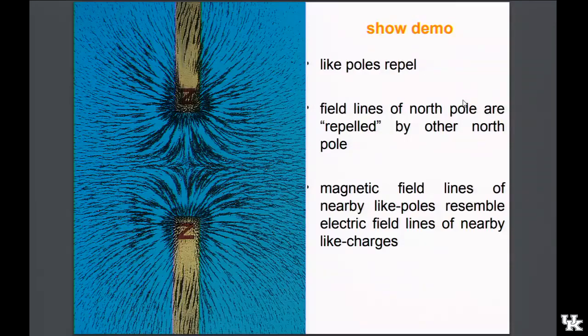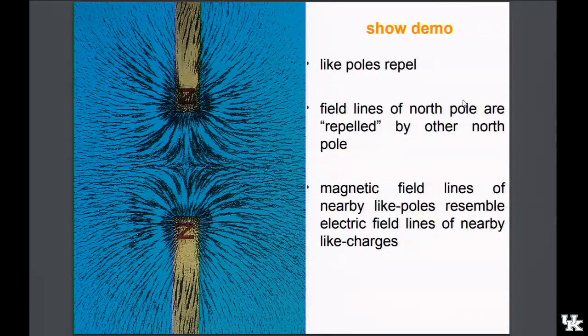So here's where you get magnetic repulsion between like poles, and you see that the field lines are curling away from each other. These ones from the bottom magnet curl away to the left, curl away to the right, as they're kind of repelled by the upper magnet. The ones emerging from the north pole of the upper magnet curl away to the left, curl away to the right from the other north pole. So this is magnetic repulsion.